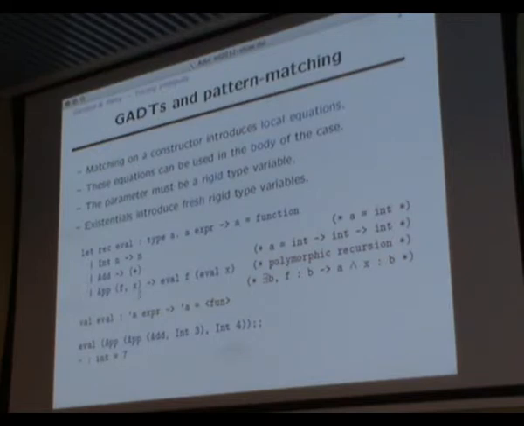And for application, actually application is not really a GADT case, because the return type was just an a expression. But I need to introduce an existential variable here. So my f, for some rigid b, f will be b to a and x will be b.